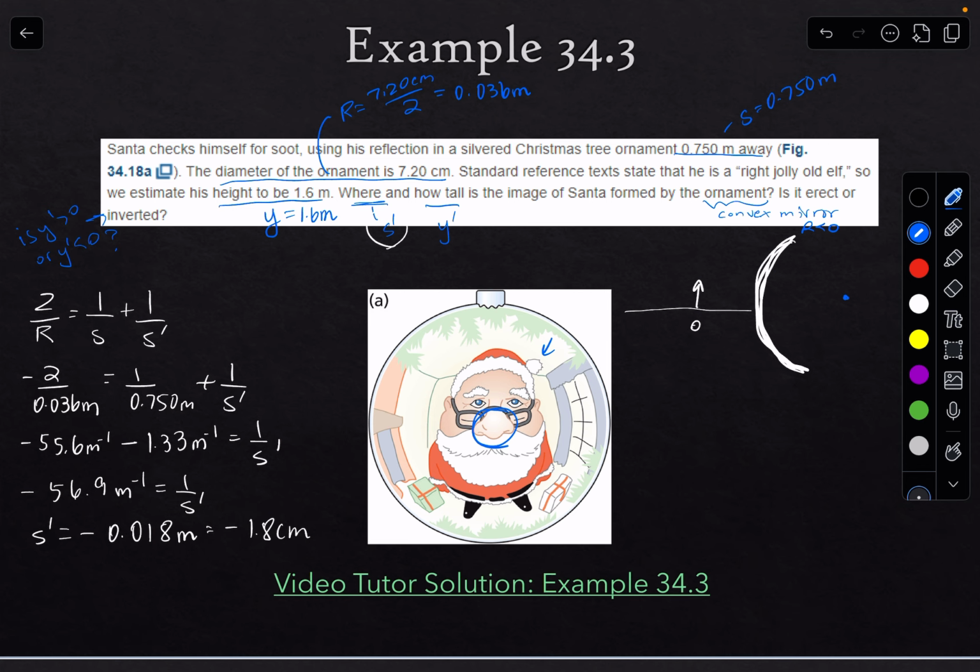So if we want to find Y prime, then we need to use the magnification equation because that's pretty much the only equation that brings you Y prime. Now we have this guy and this guy, and we know this guy, we know this guy, so we're going to find Y prime. I'll go ahead and do that over here.